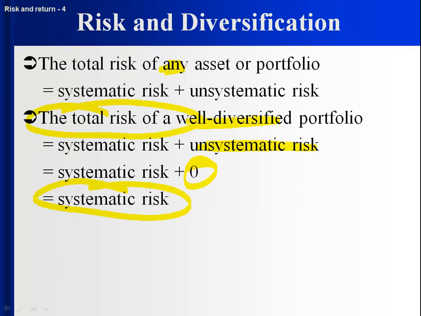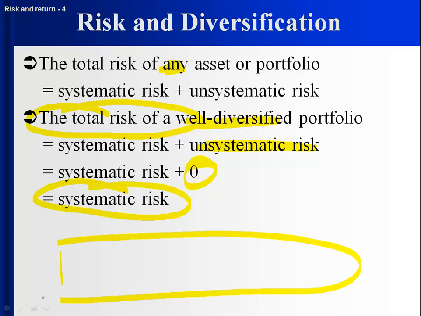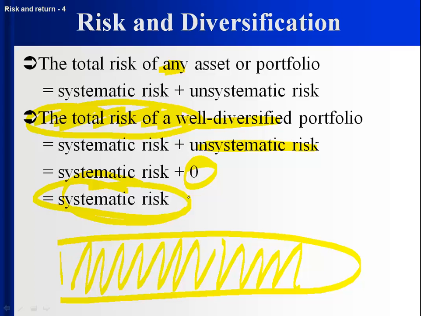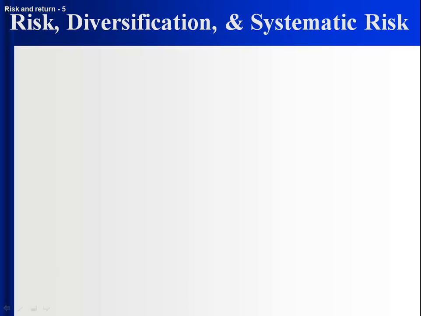So the only thing that leads to a well-diversified portfolio's returns and prices jumping around is systematic risk, the effect of these macroeconomic surprises. So that leads us to something really important.